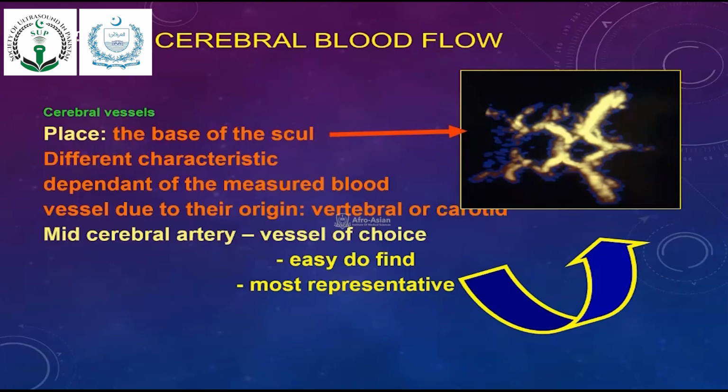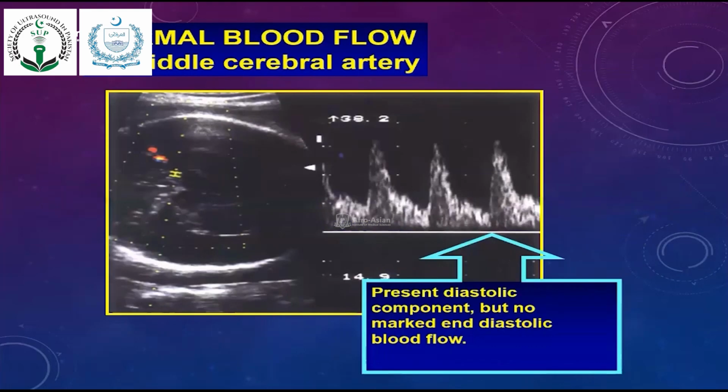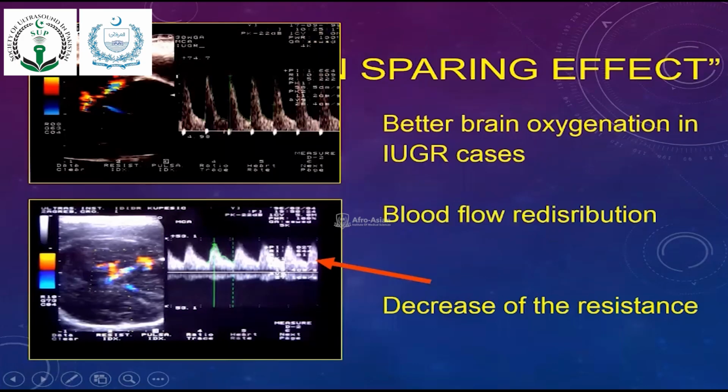The middle cerebral artery is the vessel of choice: easy to find, most representative. This is the normal blood flow in the middle cerebral artery. There is a present diastolic component, but no marked diastolic flow.